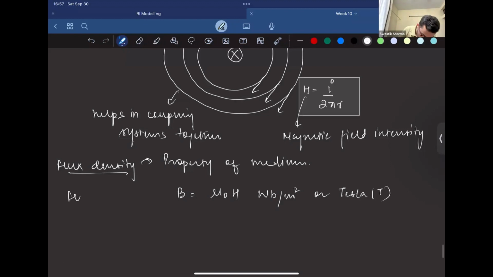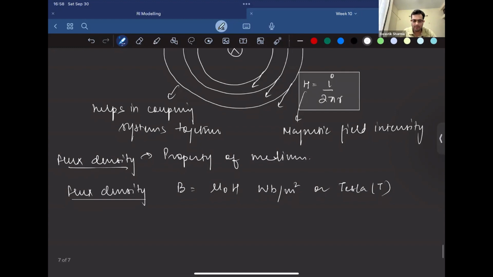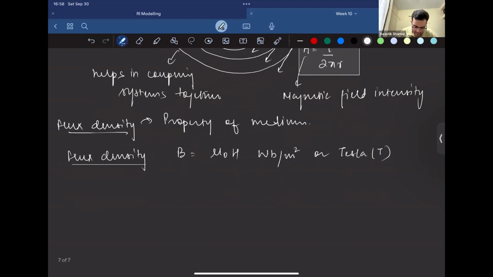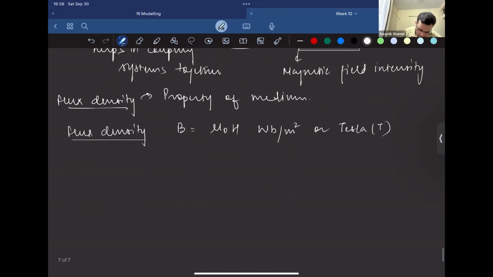I am just going through what the various quantities are. I expect you to go through the lecture material provided by sir, because in class I have to cover the sample problems too. So now, this is flux density.